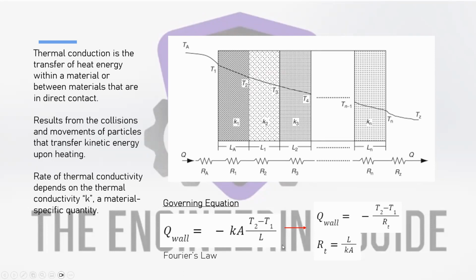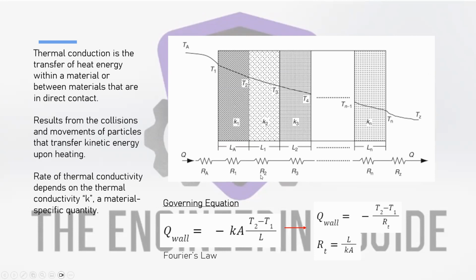And we can rewrite Fourier's law in order to make the total heat flux through the wall analogous to an electrical system where we get thermal resistance is equal to the length divided by the thermal conductivity times the area, since the thermal conductivity is what is resisting the heat transfer through the wall, or the heat flux from moving through the wall thickness.